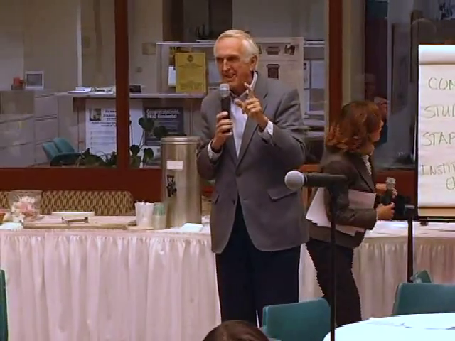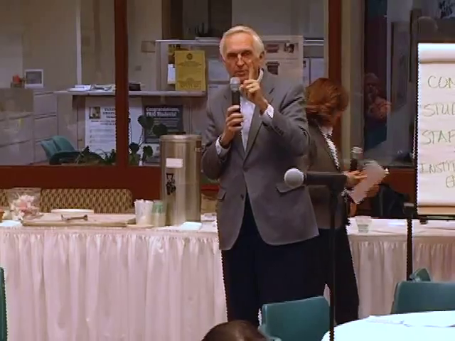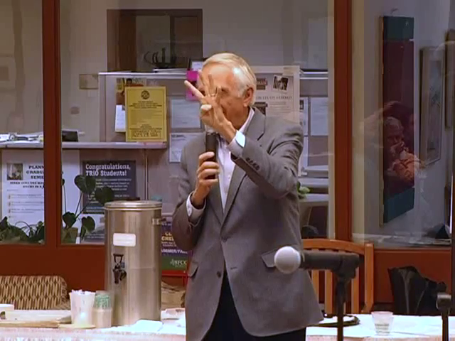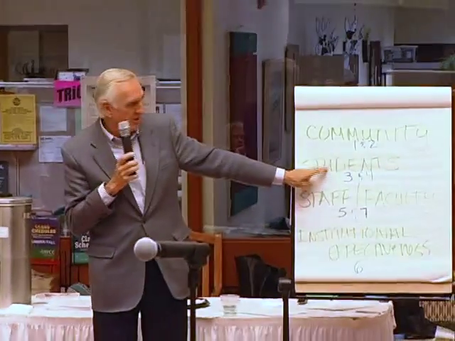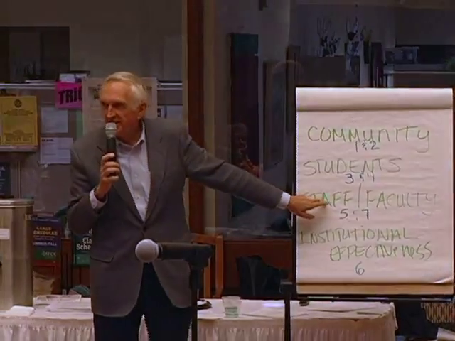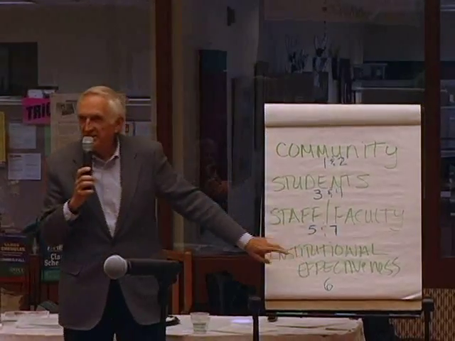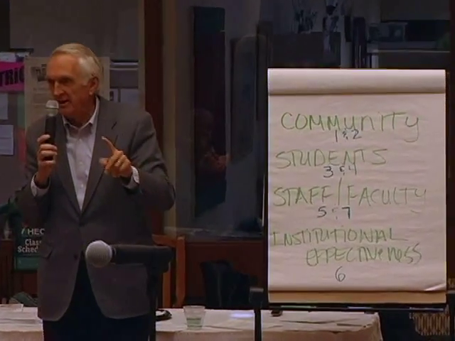Designate one person at each table to carry around the 4 sheets of paper that you have, right? You have one sheet of paper saying community, one sheet of paper that says students, one that says staff, faculty, and one that says institutional effectiveness.